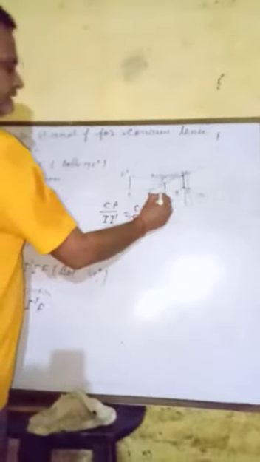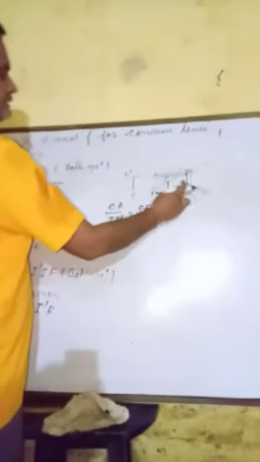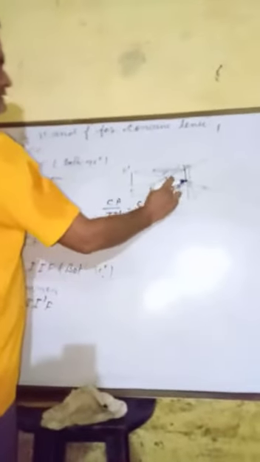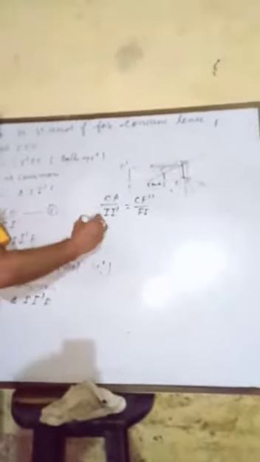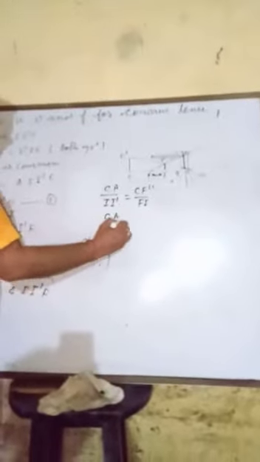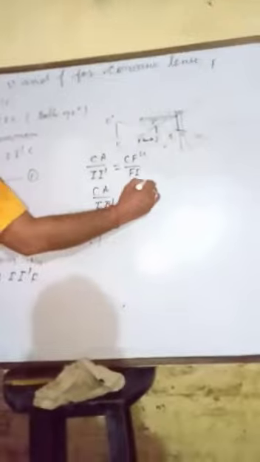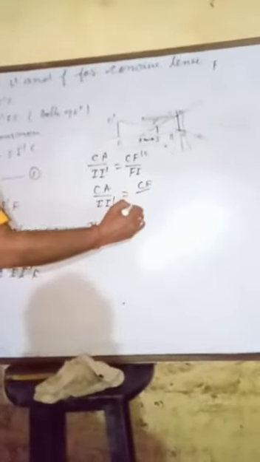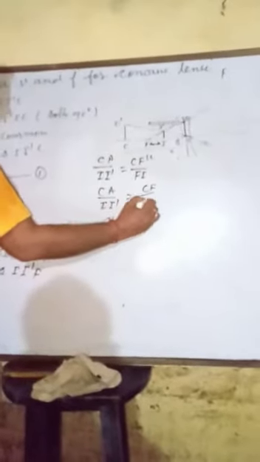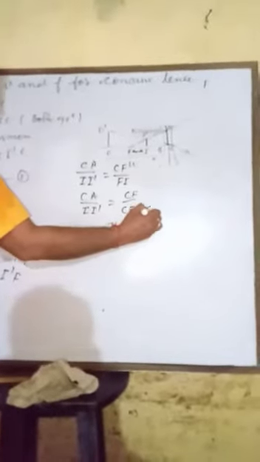FI is equal to CF minus CI. So we can write CA upon I dash I is equal to CF upon CF minus CI.